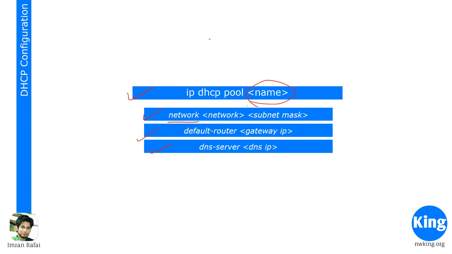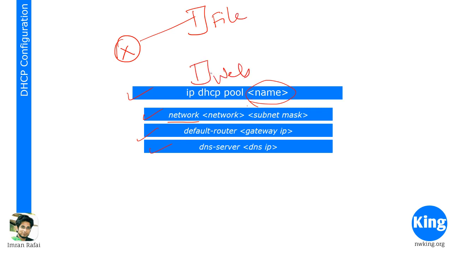There's one more thing that I want to tell you. Let's say in your network this is the router, and you have a file server, and you have a web server, and these are already assigned.